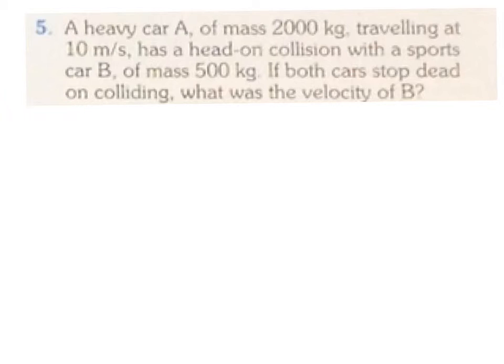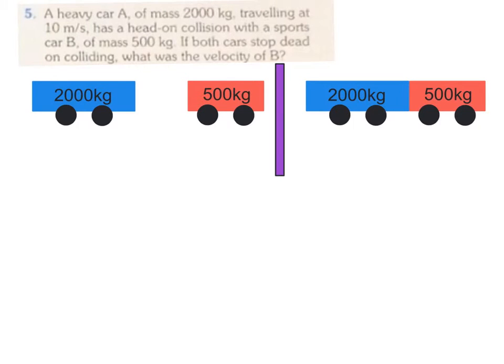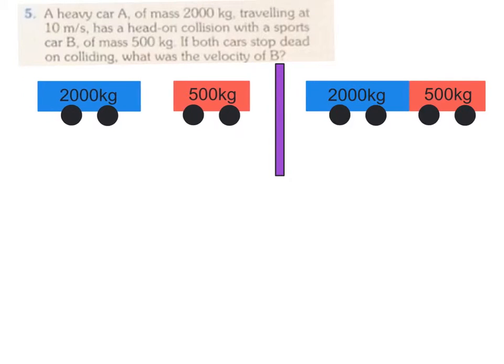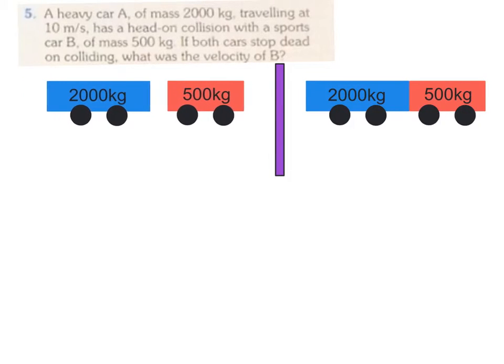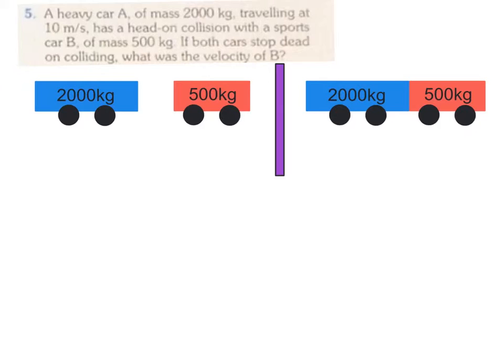So the objects are coming towards each other and end up stopped at the end. So it's going to work out very similar to the calculation for the explosion. We have a before situation where these are travelling towards each other, and an after situation where they have hit each other and stopped moving.